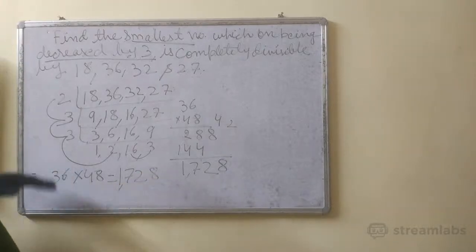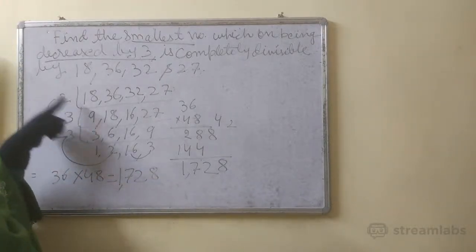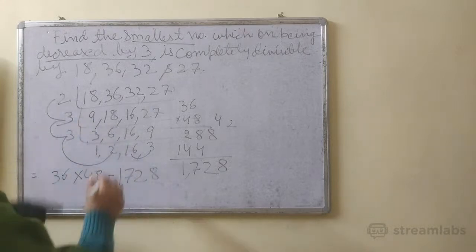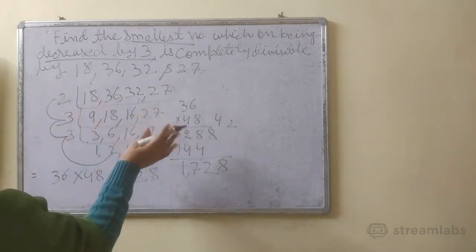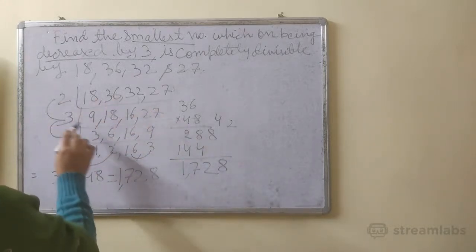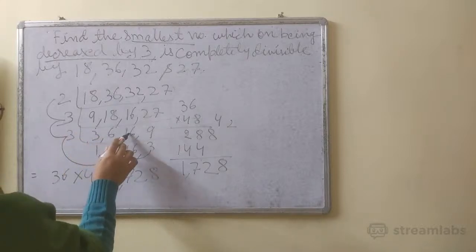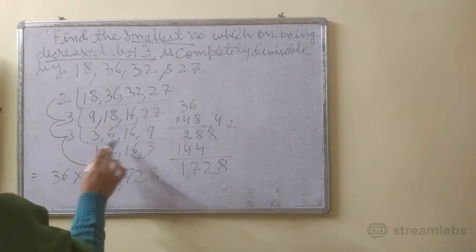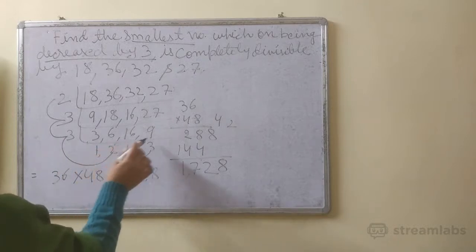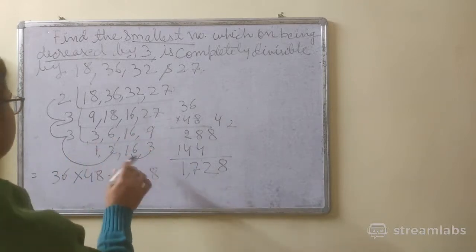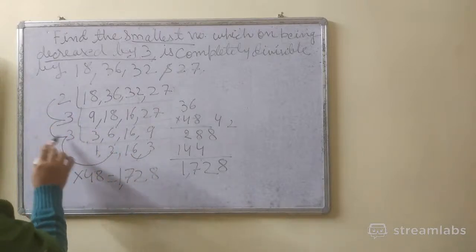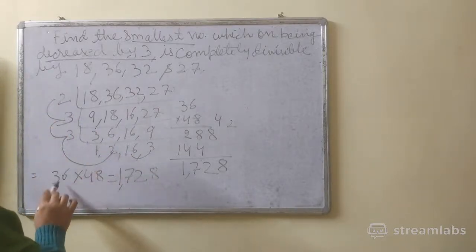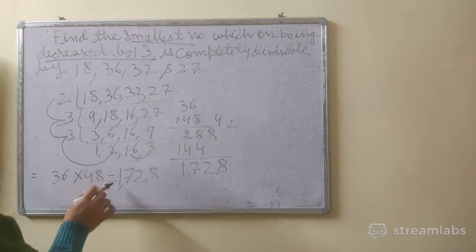Once again, check the calculation. 3 3s are, then 3 6 are 16, and then 3 9s are 27. 3 1s are 3, 3 2s are 6, then 16 is not divisible, then 3 3s are 9. Again 2 3s are 6, 6 3s are 18, 18 2s are 36. Okay, and 16 3s are 48.